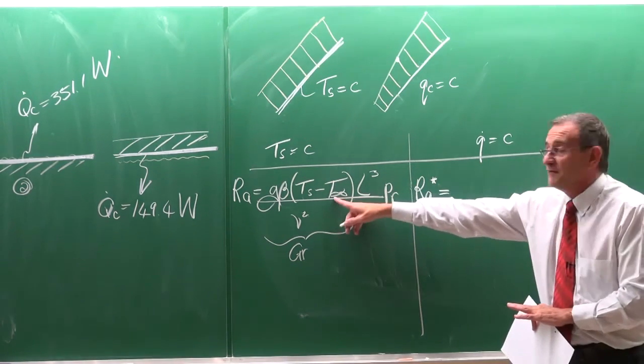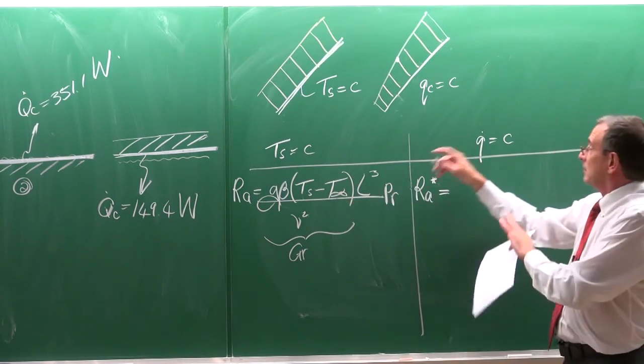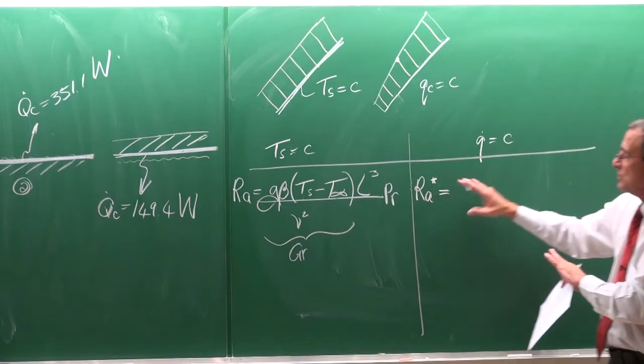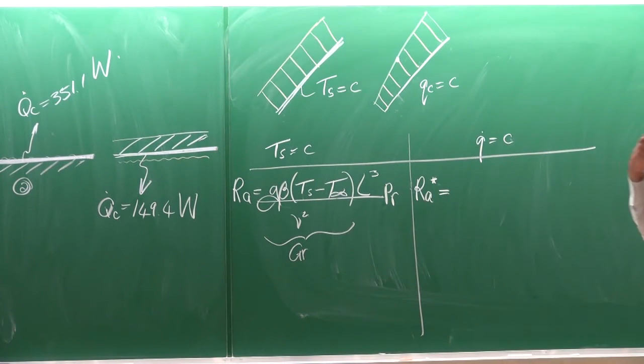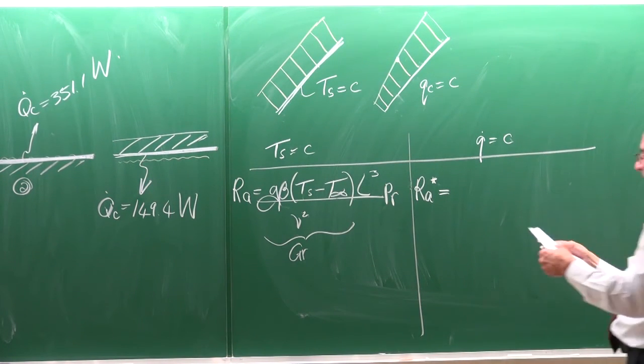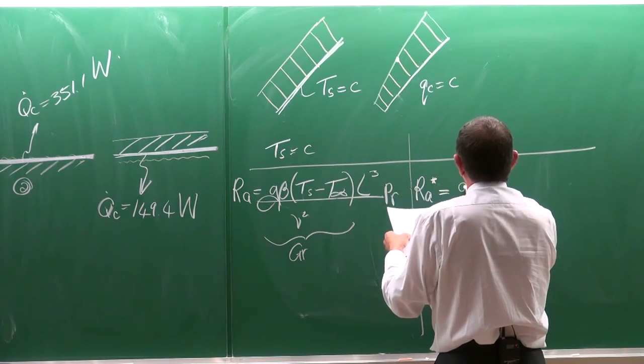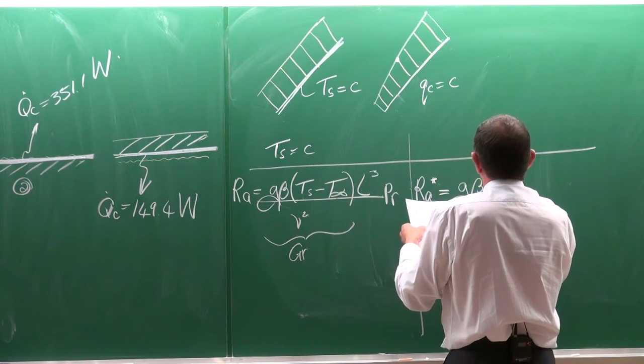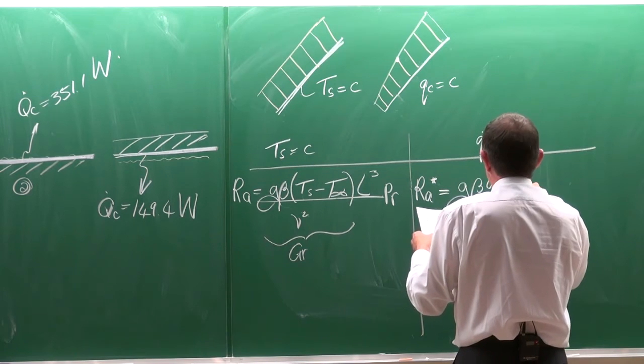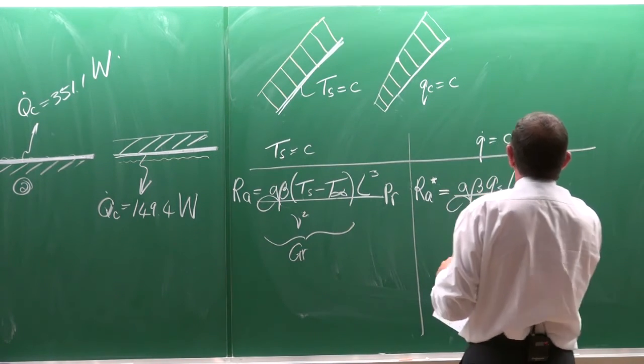This one indicates a constant heat flux case. Because you don't have the delta T, with a little bit of manipulation, you can write this in terms of constant heat flux. This equation would be equal to g multiplied by beta, multiplied by the heat flux, multiplied by L to the fourth.